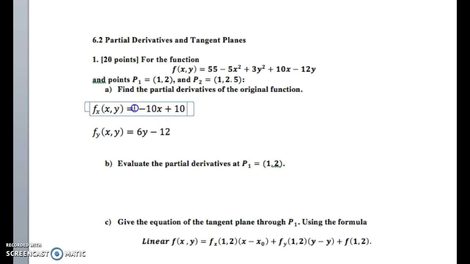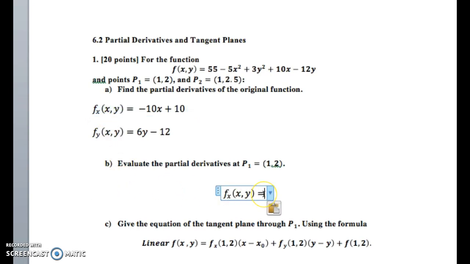So we can say f sub x at the point (1, 2): well, if x is 1, then we're going to get minus 10 plus 10 equals 0. So that tells you that the derivative in the x direction is 0, which means that it really is kind of flattening out at that point.